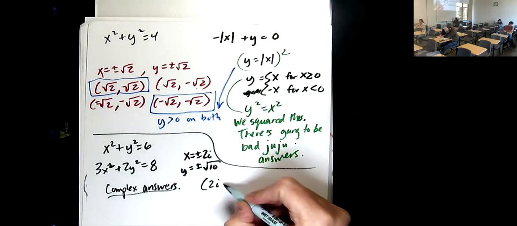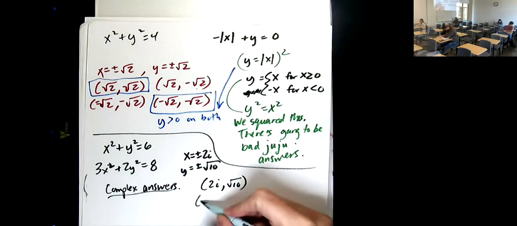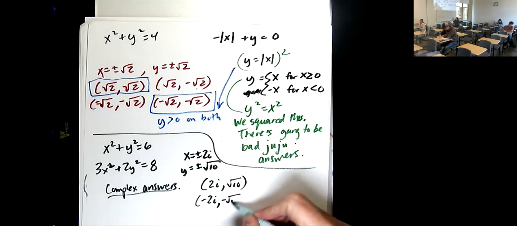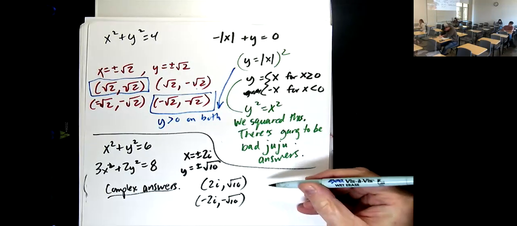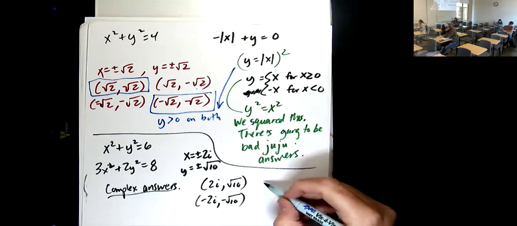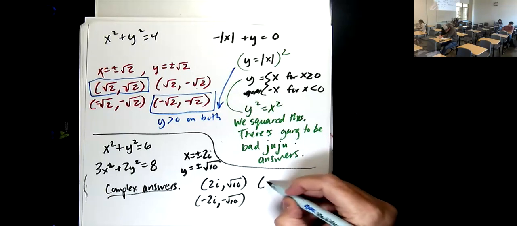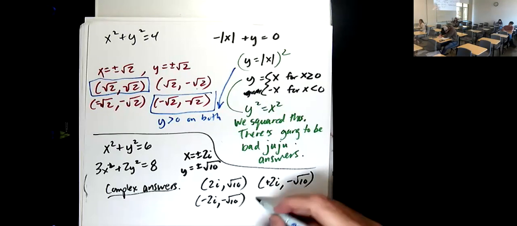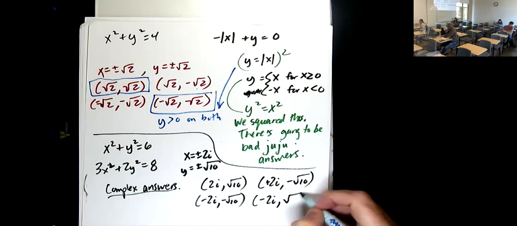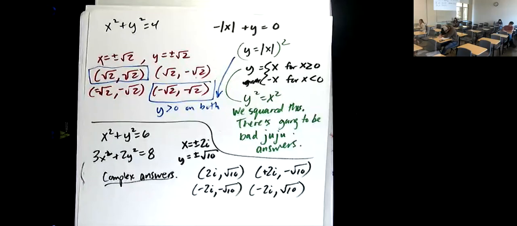So you got 2i, root 10, negative 2i, negative root 10. And we change them up. Positive 2i, negative root 10, and negative 2i, positive root 10. I think on that one, they all work. When we square them, the negative signs go away.